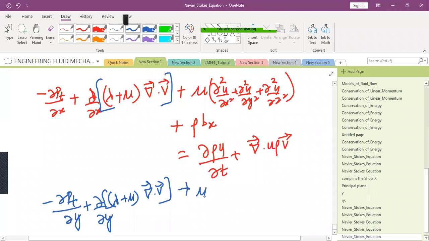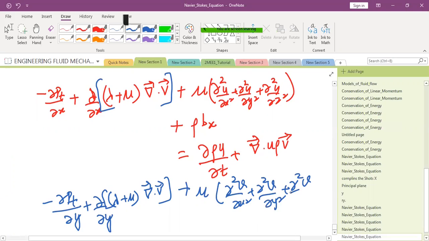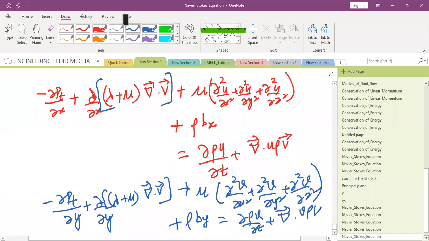Plus mu, now be careful, del squared v: del squared v by del x squared plus del squared v by del y squared plus del squared v by del z squared. Plus rho g equals rho times the substantial derivative of v. Likewise in the z direction. Is that clear?